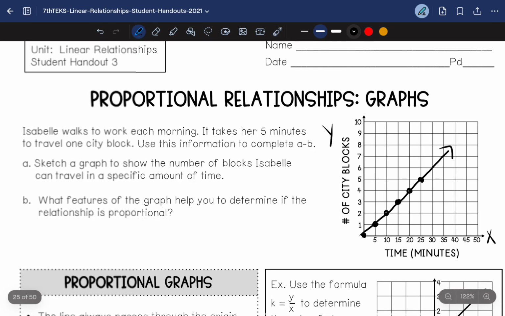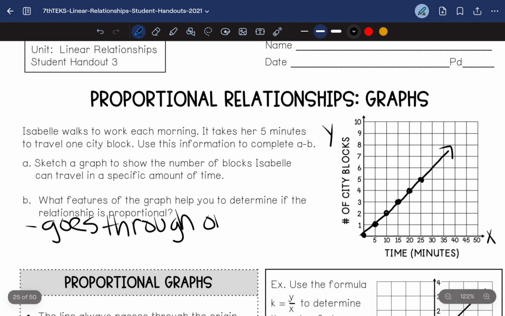Part B. What features of the graph help you determine if the relationship is proportional? Well, it goes through the origin, so we're going to put that. Goes through origin, and then increases at a constant rate.